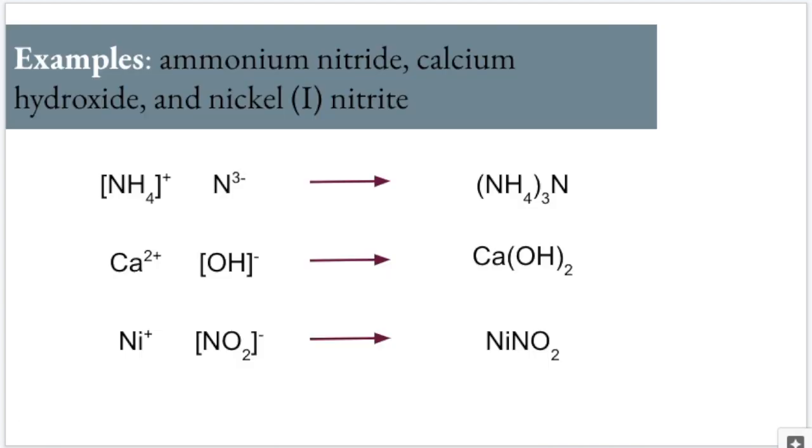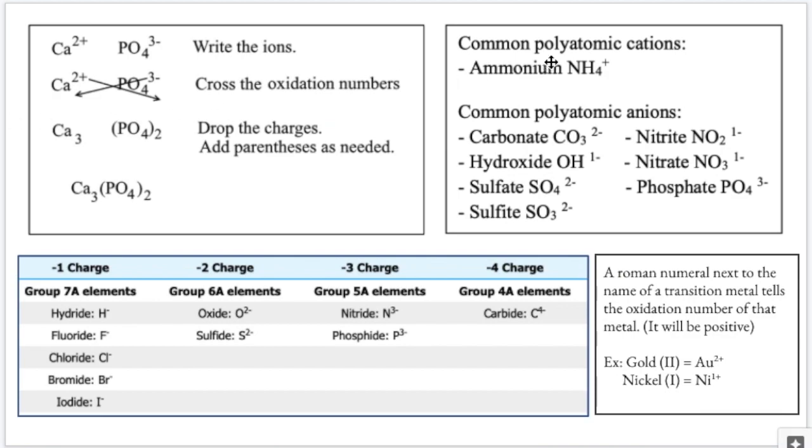Moving on to examples, if we have ammonium nitride, I first have to write out the ions, so ammonium and nitride. Here is the ammonium ion, and then nitride is here. You might have to spend a little time.